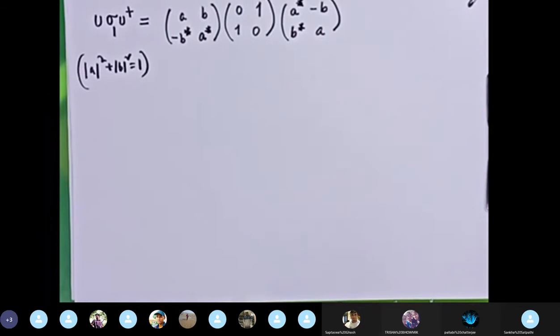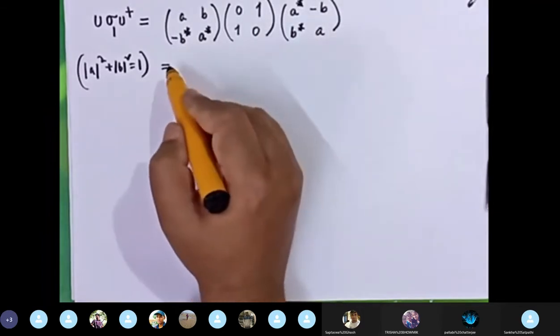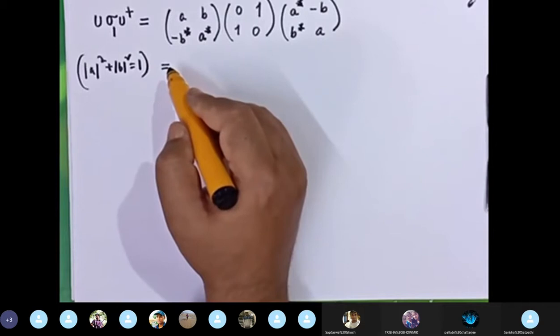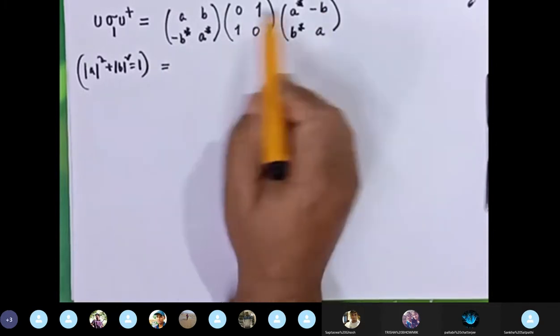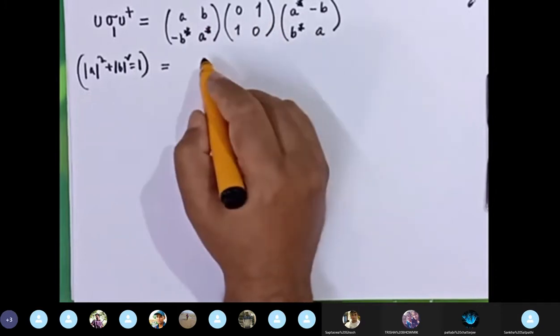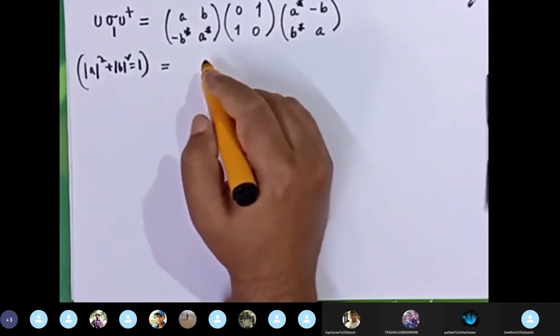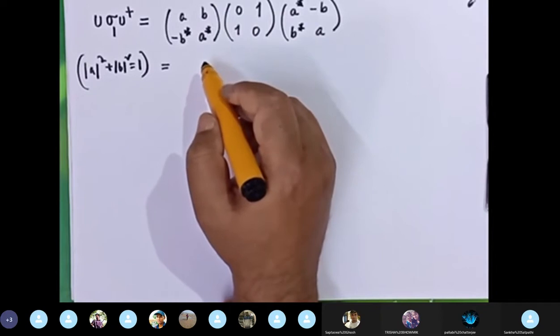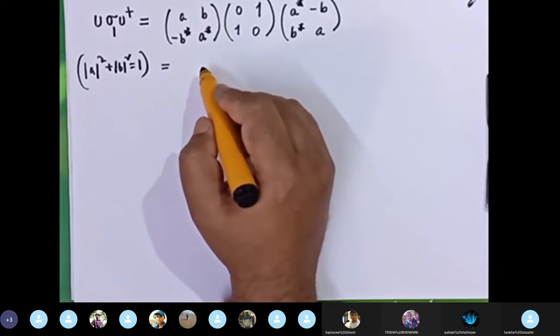Okay? Yes, sir. So now you multiply it and then multiply it. I am writing the result. I have this product of three multiplications on the back of this envelope calculation. You can do it.